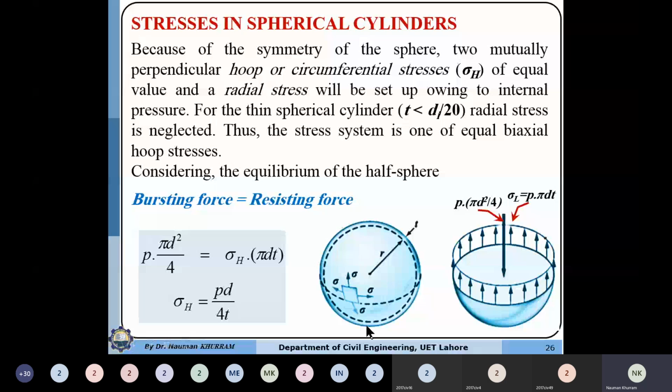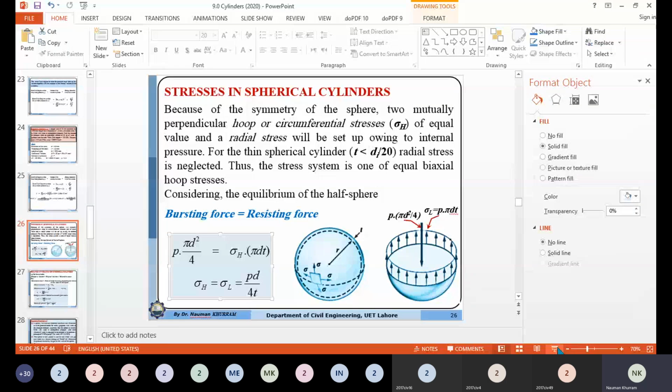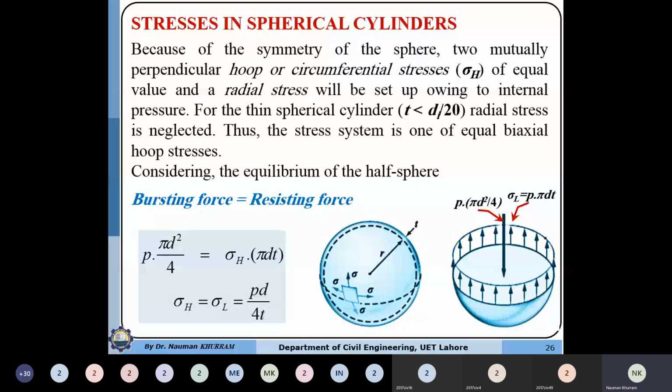If you cut the section over here, in this spherical case the hoop stresses and the longitudinal stresses are the same. In the case of this spherical shell, stress in all directions is the same because it has uniform dimension.